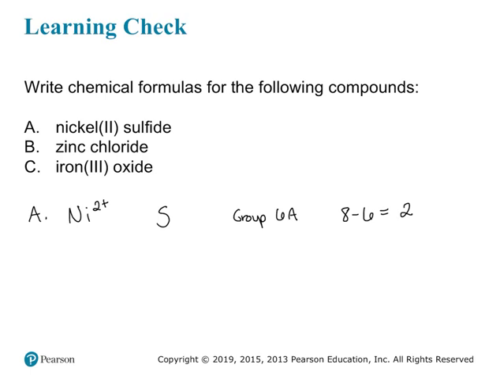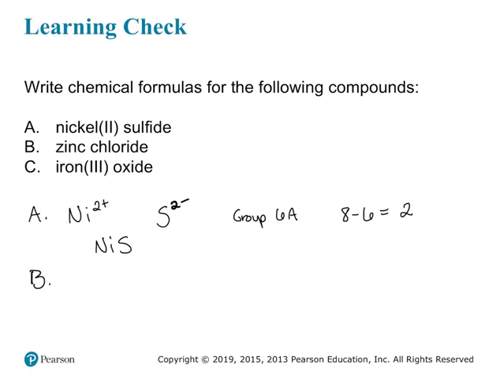So sulfide has a 2 minus charge. Okay, so then how many of each ion do we need to make a neutral compound? Just one of each, right? NiS. So that 2 plus charge is balancing out the 2 minus charge.